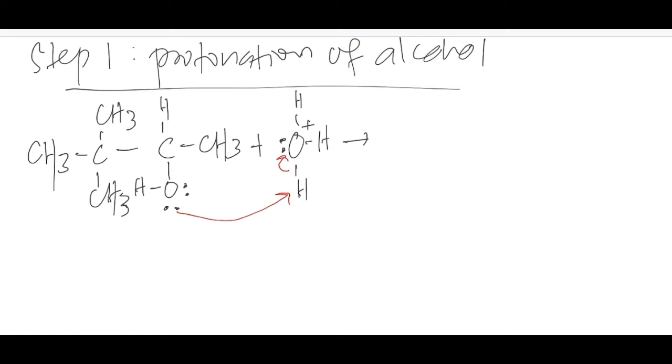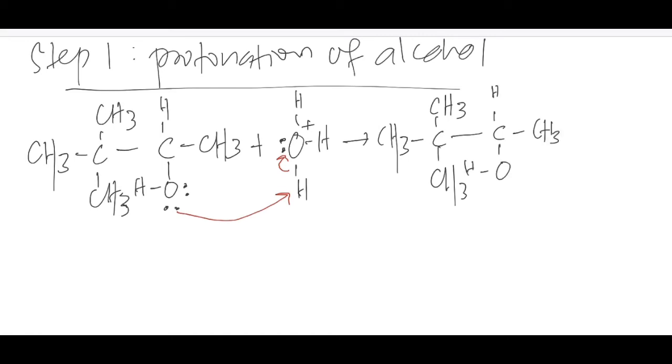So we get protonated alcohol, CH3, CH3, CH3, CH, CH3, H, OH, double dot, H. Okay, there's a plus over here. Ataupun plus di sebelah sini.